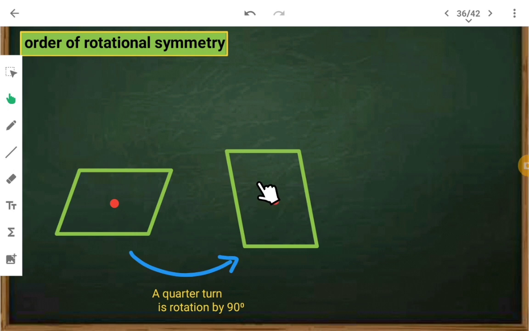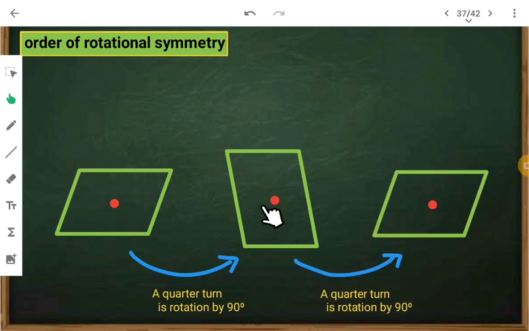So again I am going to rotate this one. Again I am giving a quarter turn. Here I gave one quarter turn and here I gave another quarter turn. So totally 180 degrees. How many turns did I give? 2.